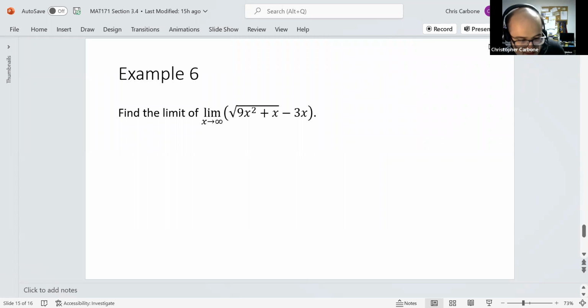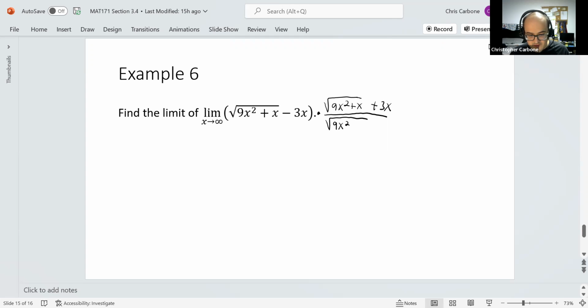To find the limit as x approaches infinity of the square root of 9x squared plus x minus 3x, we're going to multiply by the conjugate. So square root of 9x squared plus x plus 3x on both the numerator and the denominator.